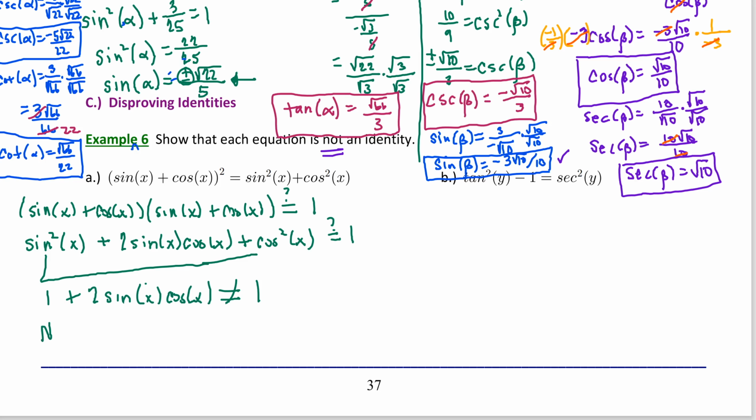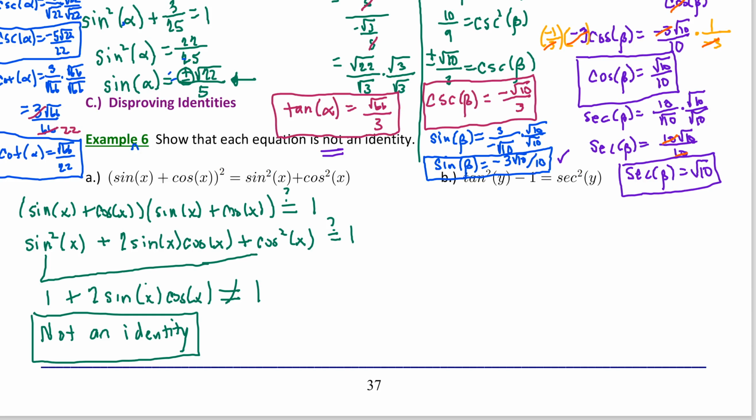So the equation is not an identity. It's an equation that could be solved for a specific value of x, but it is not true for every possible angle x. For an equation to be an identity, we must be able to show that both the left and the right sides are equivalent to the same expression.